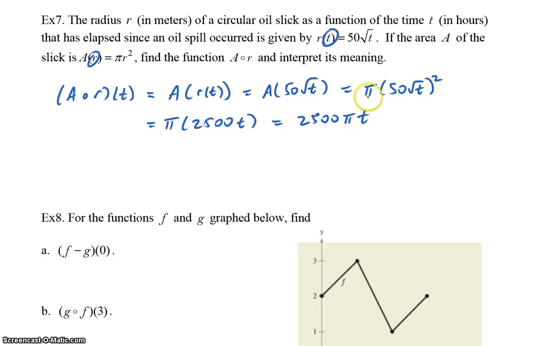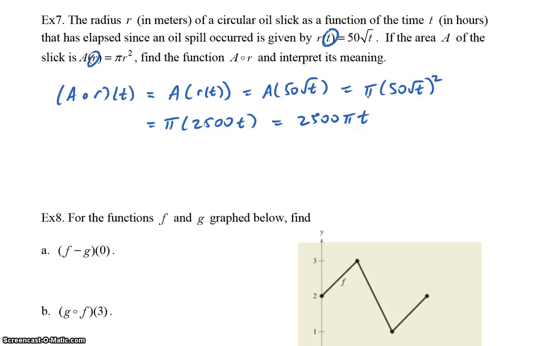This actually is a linear function and is showing us that the area of the slick is increasing at a constant rate. That constant rate is 2500 times pi, a little bit more than 7500 square meters per hour.